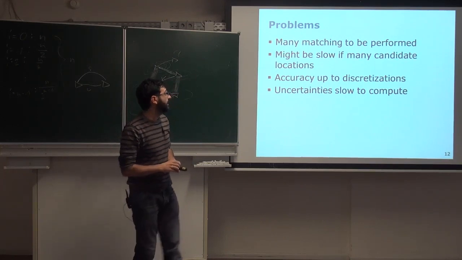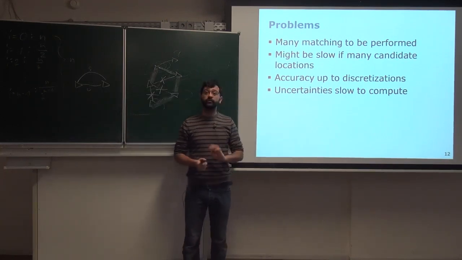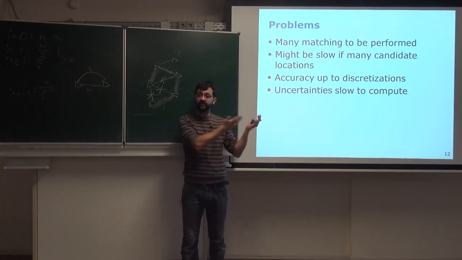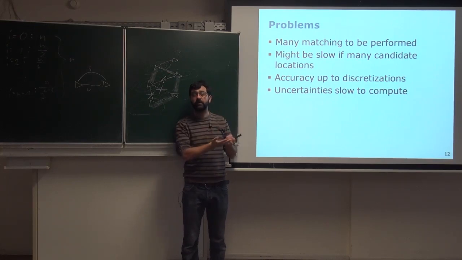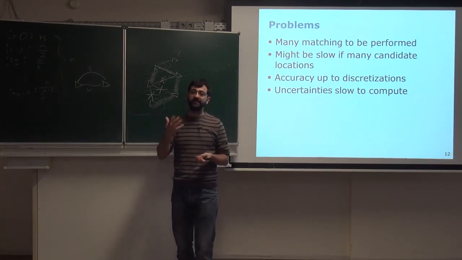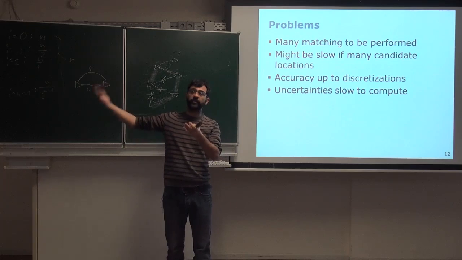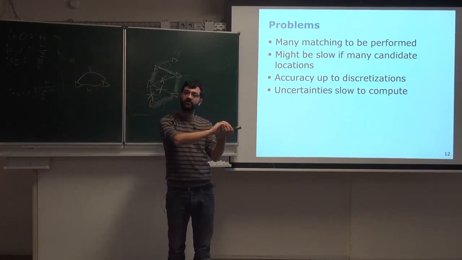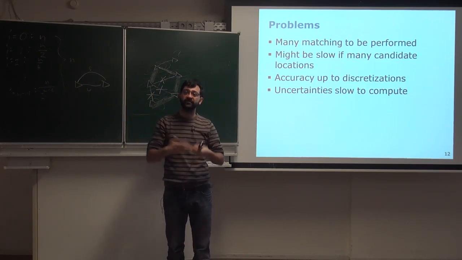Okay, and the uncertainties are also slow to compute because there is no clear explicit cost formulation, so you cannot compute gradients of this approach, or at least you cannot compute analytically any gradient, so you cannot propagate uncertainty from the sensor uncertainty to the estimation uncertainty. So you need to do it from the definition point of view.